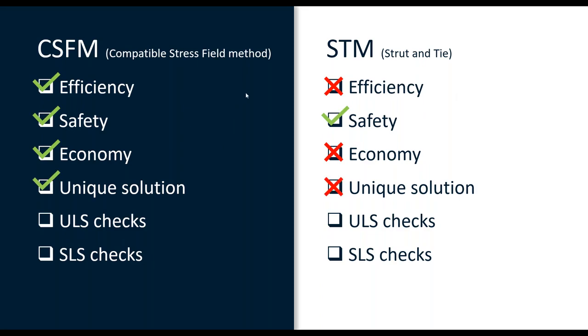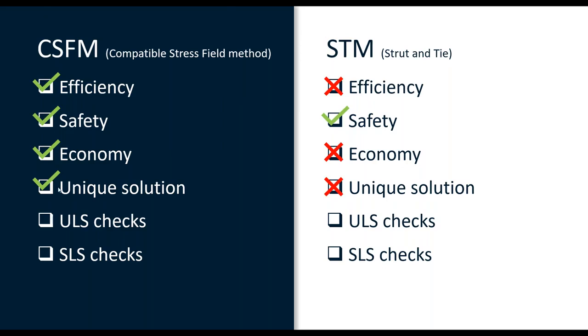Another important aspect is that CSFM provides a unique solution. Most of you know that there are several strut and tie models which are correct, and we don't know exactly which one is the most correct one.